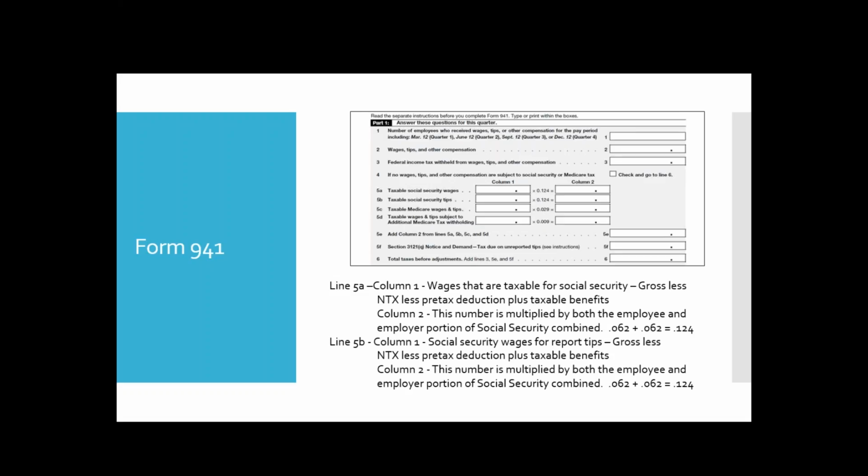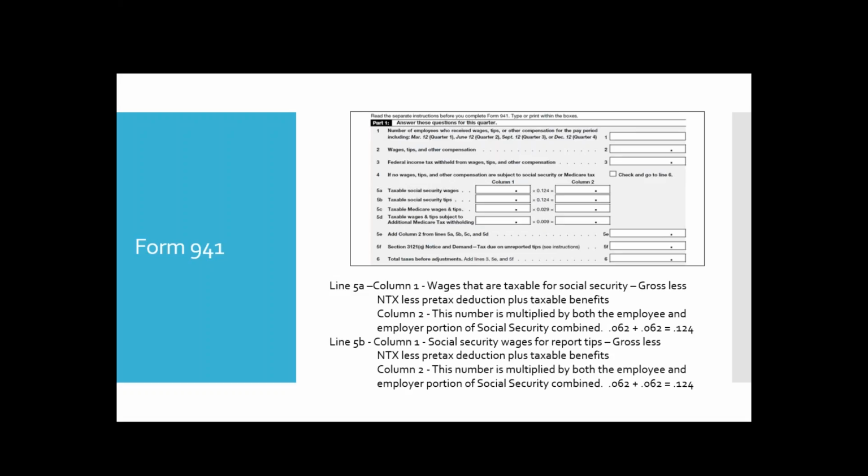And then line 5A applies a factor of 0.124. And this factor represents the combined rate of 6.2% for the employee and 6.2% for the employer that's applied to taxable wages.